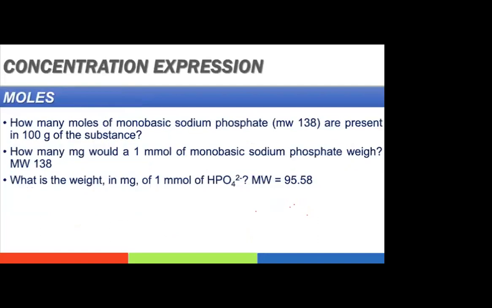How many moles of monobasic sodium phosphate with a molecular weight of 138 grams per mole are present in 100 grams of substance? Go. Mag-ratio and proportion technique ka lang dyan. Molecular weight is 138 grams per 1 mole.